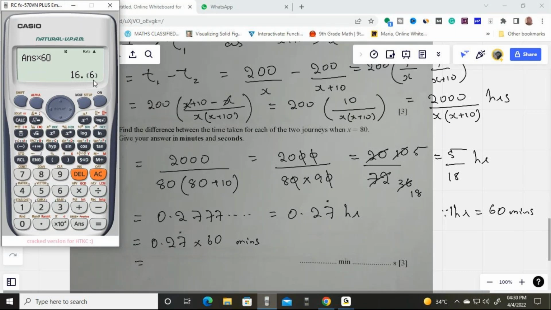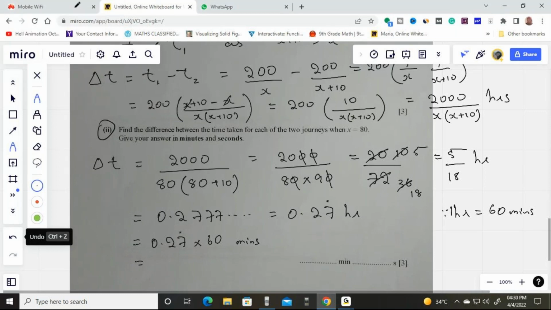I'm going to convert this 0.666 into seconds later. Okay, so it's 16.6 minutes. So what I do, I just write 16 plus 0.6666.